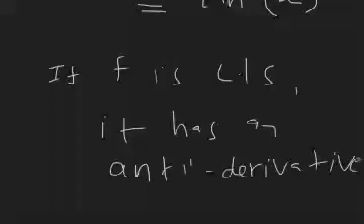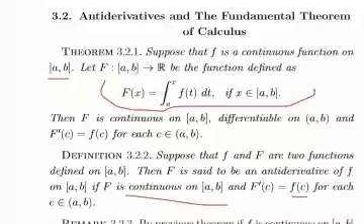Very important. If f is a continuous function on a closed interval, we can say that it has an antiderivative, right? I hope you understood this theorem very clearly. This week we mainly focus on this theorem, right?